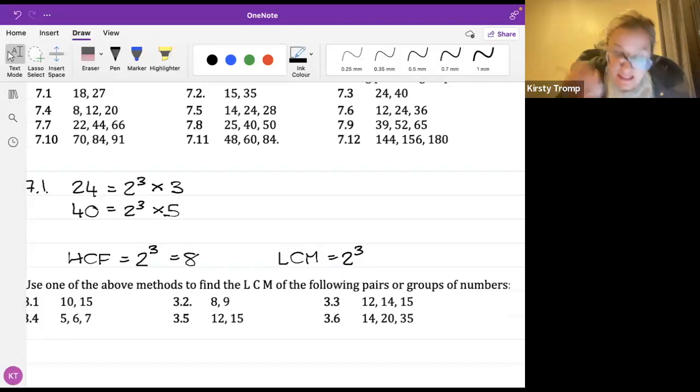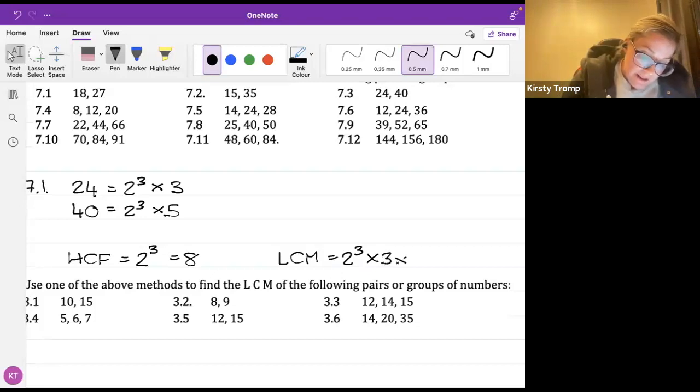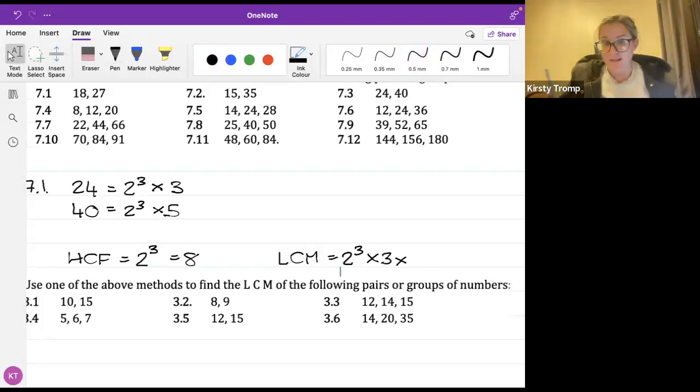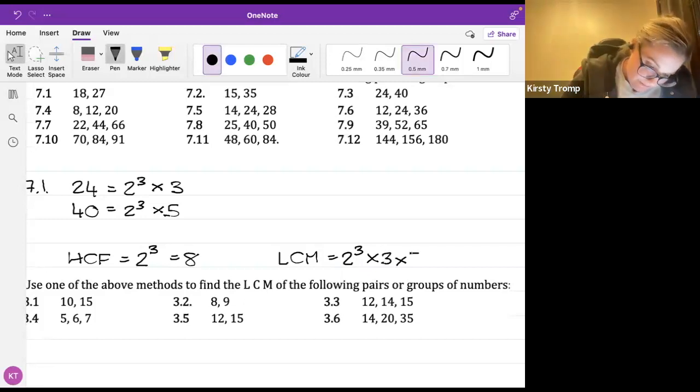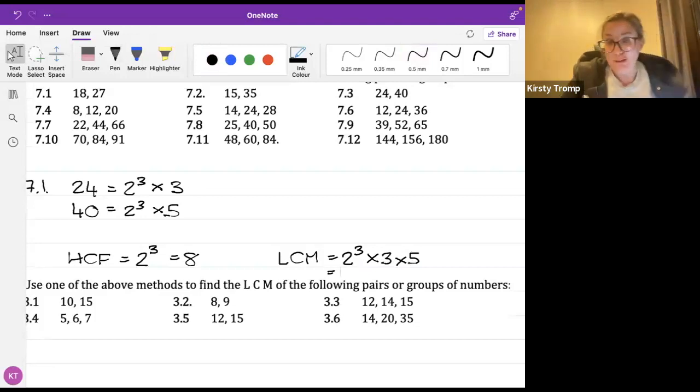Definitely, yes, because I want everything. I want the maximum. Times 3. Am I going to take the 5s? Yes, because I want everything. So I've got 2 to the 3, which is 8. 8 times 5, which is 40, and 40 times 3, which is 120.